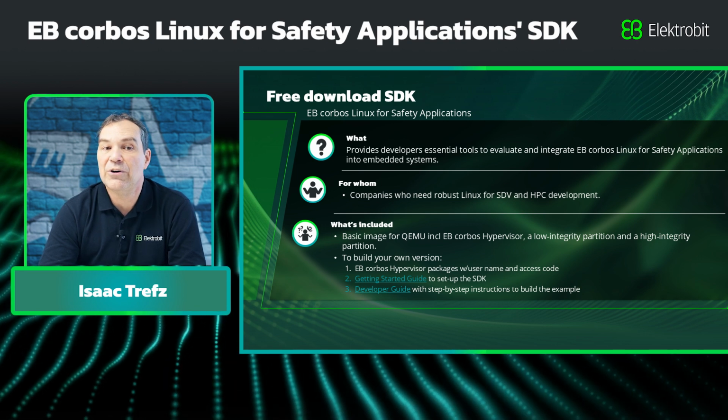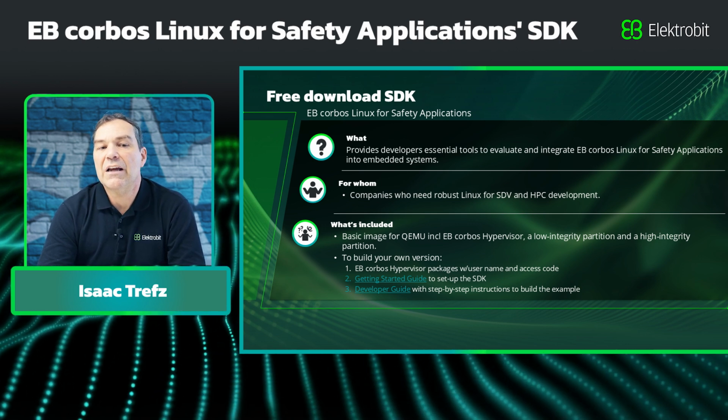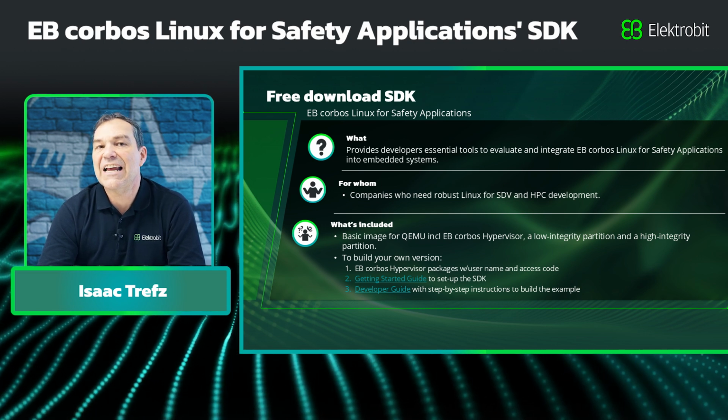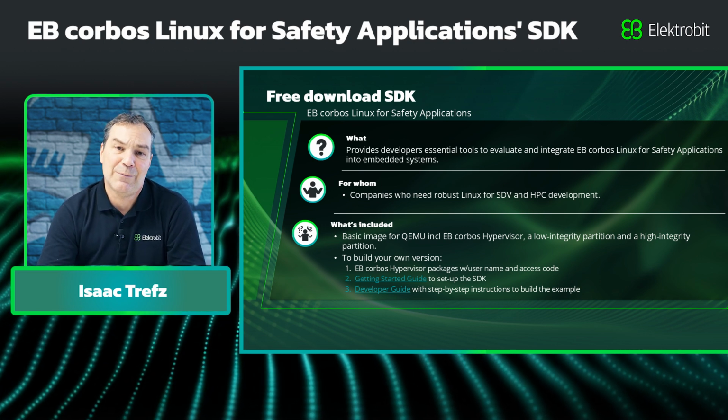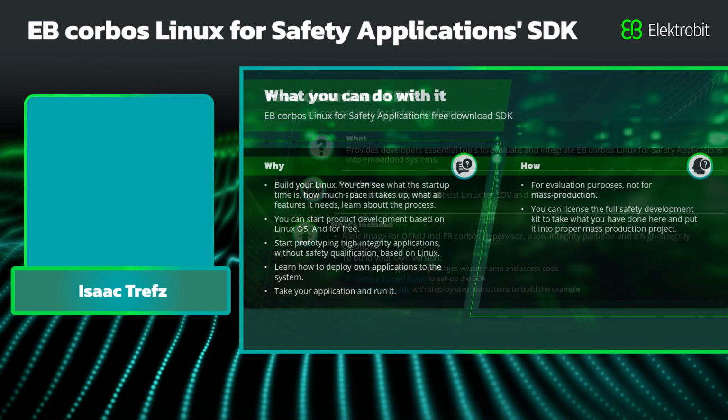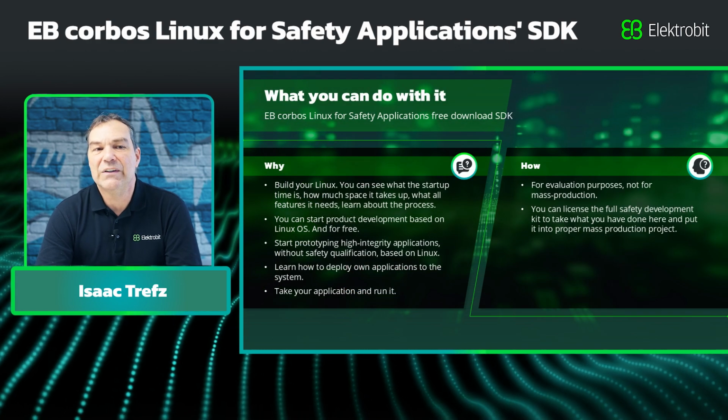And it allows you to build your own version. There is access to the EB Corbos hypervisor packages. There's a getting started guide, of course, and there's a developer guide with step-by-step instructions on how to build the example.